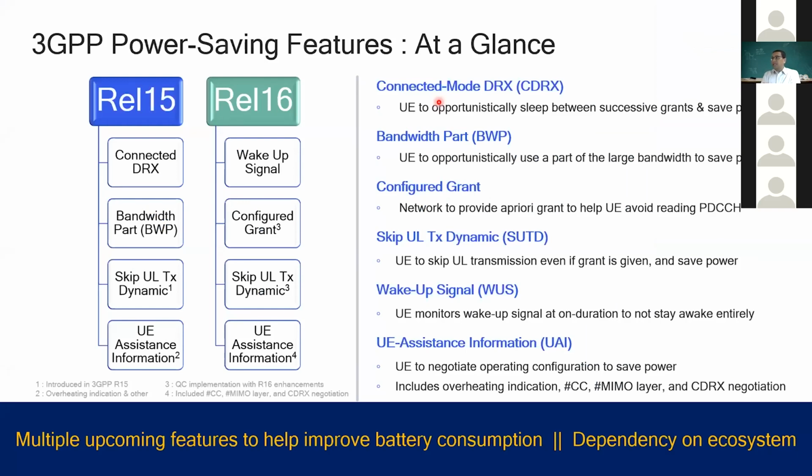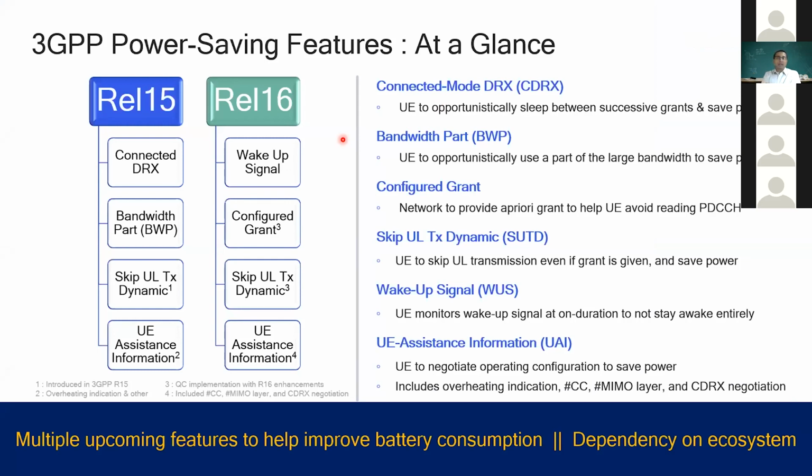At a very high level, the power saving features that were introduced in 3GPP release 15 and 16 are captured here, some of which are already implemented in your network and a few of which are going to come up.